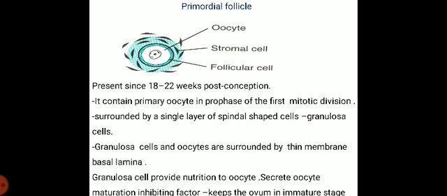This oocyte is surrounded by spindle-shaped cells, the granulosa cells or follicular cells. Granulosa cells and the oocyte are surrounded by a thin membrane known as the basal lamina. Granulosa cells provide nutrition to the oocyte, and they also secrete oocyte maturation inhibition factor. It keeps the ovum in the immature stage.